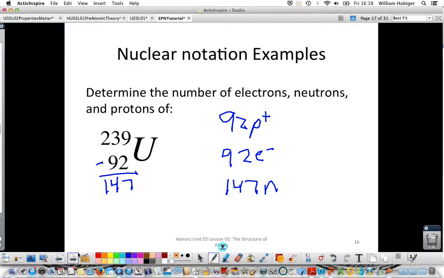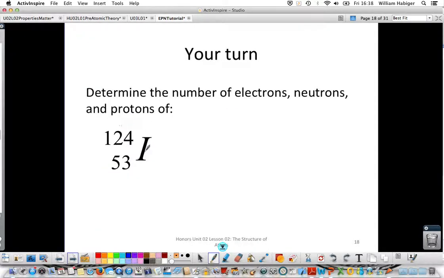All right, let's look at another example. This is iodine-124. They give us the atomic number right there, so it has 53 protons and 53 electrons.